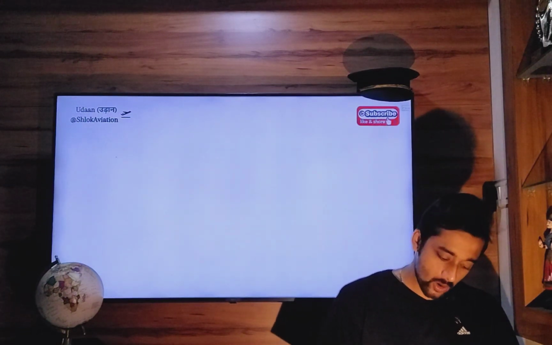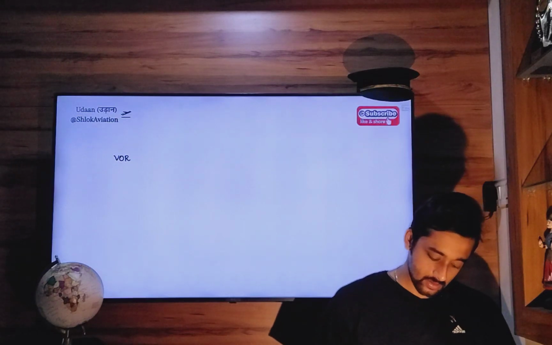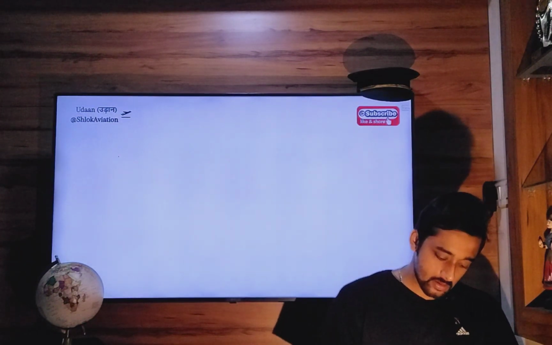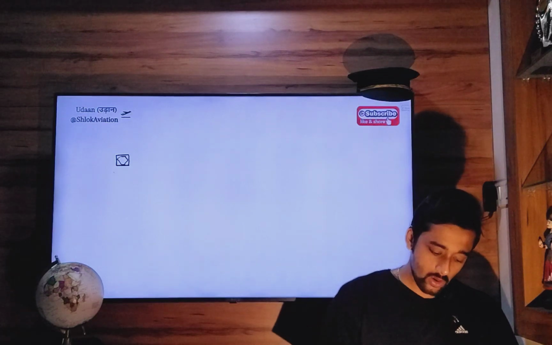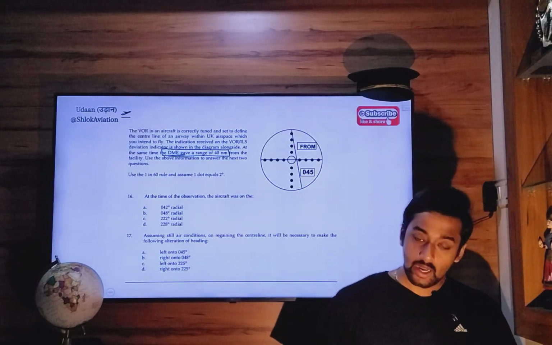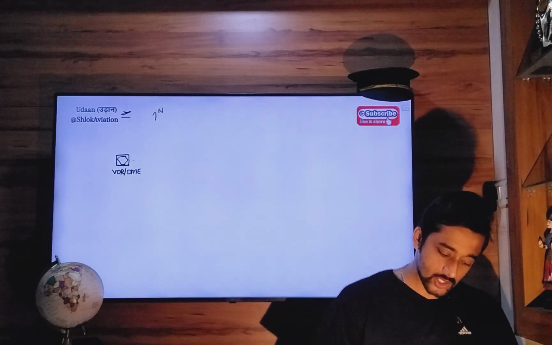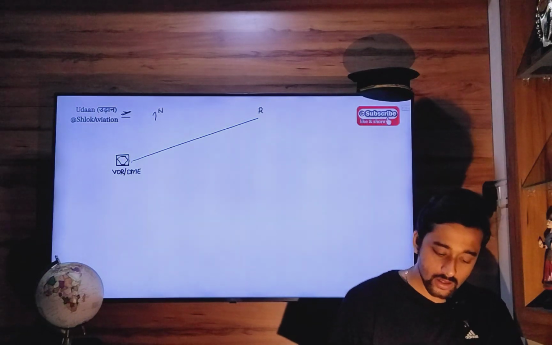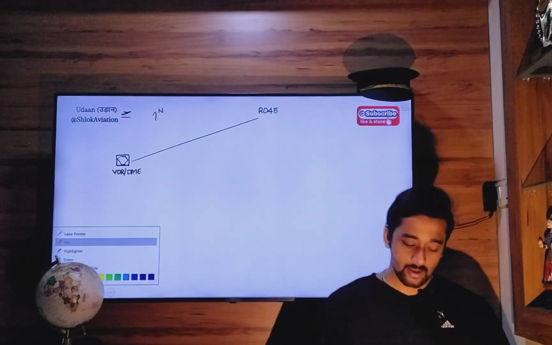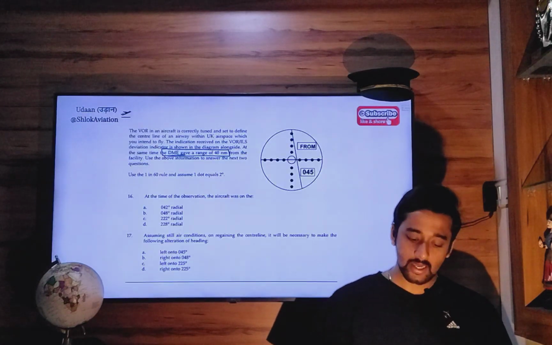Let's say this is your VOR DME station. This is the north datum. Radial 045 is what you have selected. So let's say this is your radial 045. Then you select radial 045 and you get a from indication.